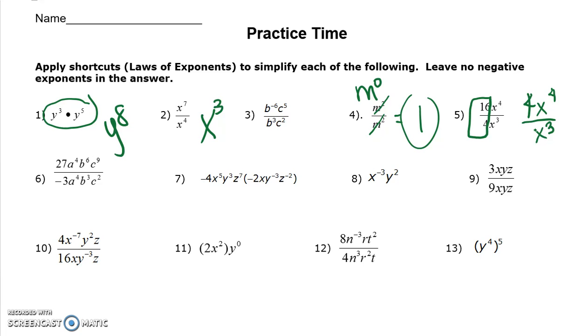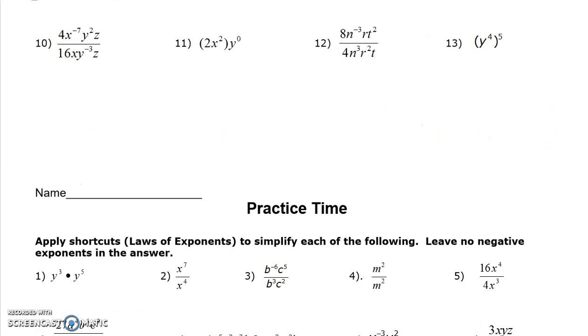Let's do something with a negative exponent. Let's look at number 10. So like I was saying, if it's a negative exponent, put it on the other side before you move on. So I'm going to rewrite this with my negative exponents on the other side.